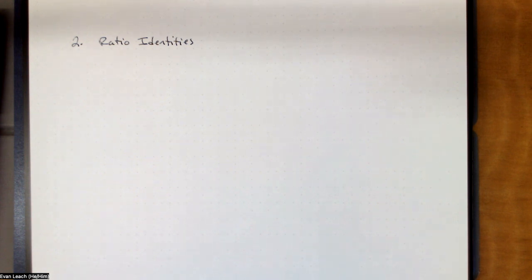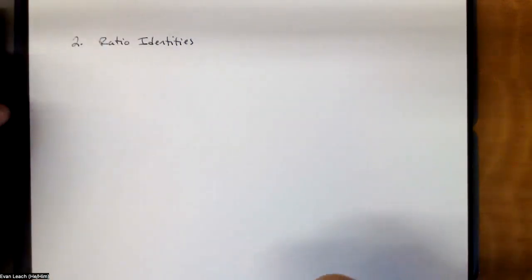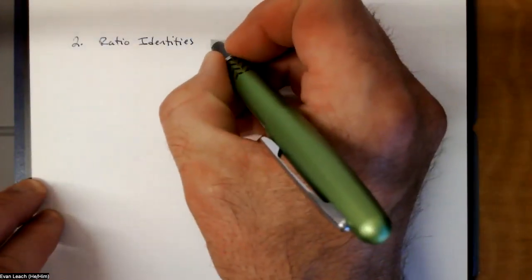This is different than the ratios that we had in the reciprocal identities. This is ratios where one of the players is not a 1. So ratio identities relate tangent and cotangent to sine and cosine. Specifically, we care about tangent related to sine and cosine.